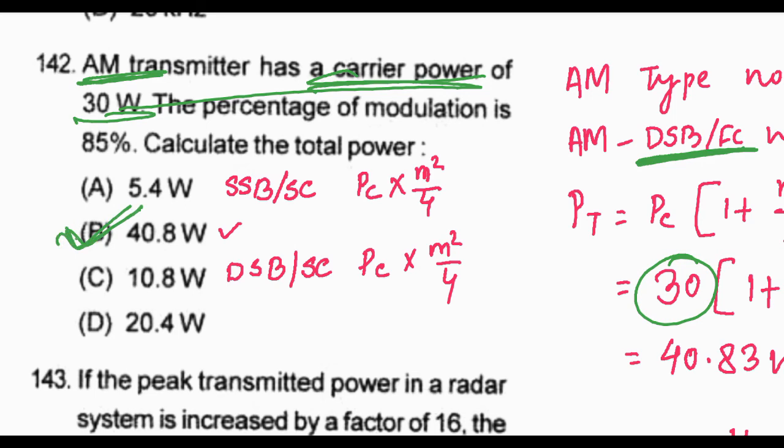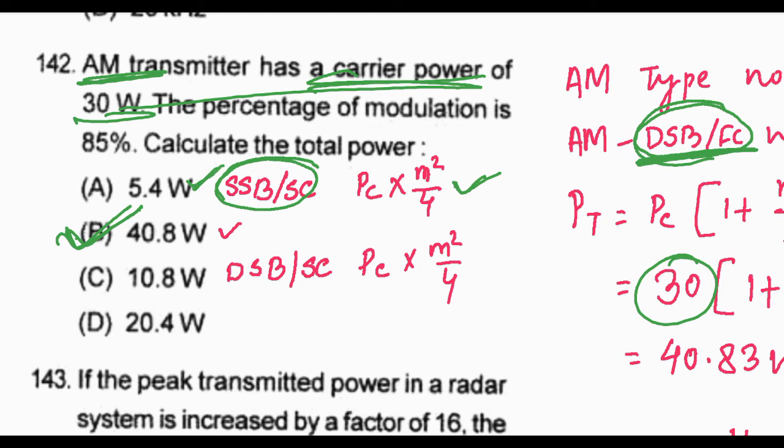As nothing is given, I have selected the DSB-FC type. Other types: suppose SSB-SC type, for which the formula is PC into m square by 4, and the answer will be 5.4 watt. If this is given, the answer will be this one.